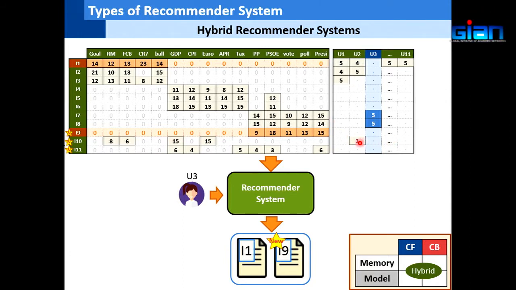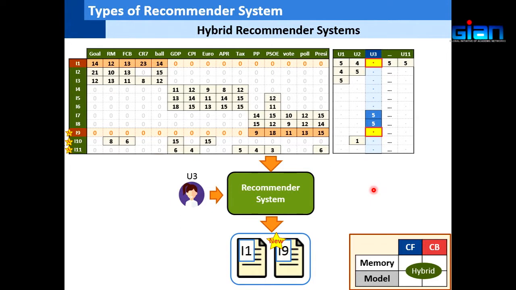For example, here we just imagine that it has been rated only by the user U2. So in this case, the recommender system can recommend the item I1 and the item I9.